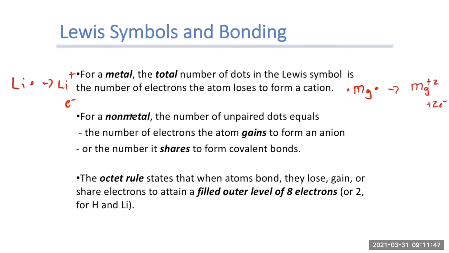For nonmetals, the number of unpaired dots equals the number of electrons the atom will gain to form an anion. Or alternatively, the number of electrons it's going to share to form covalent bonds. So if we look at our oxygen that we talked about, oxygen had 2 unpaired electrons. So that means it can form 2 covalent bonds.